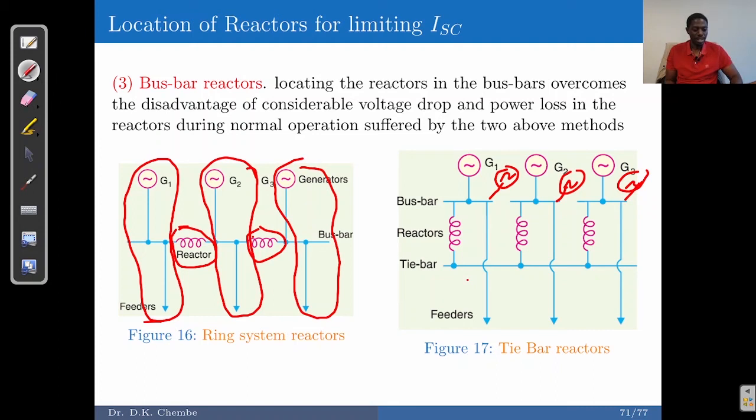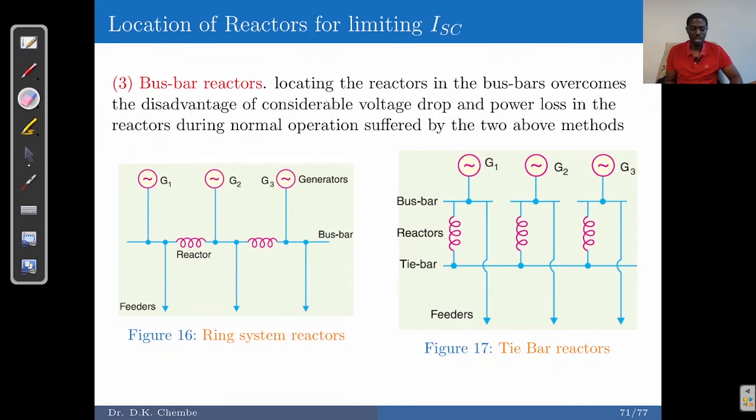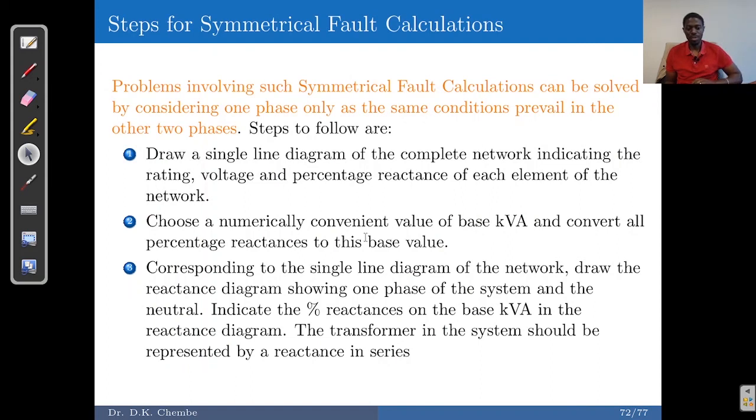The location of reactors: there are three methods that can be used, and these are the three methods that we have discussed. The steps to solving symmetrical fault calculations, as mentioned, are about 6 steps. The first step is for you to draw a single line diagram, just like we showed in the example, to indicate the voltage and percentage reactances of each element.